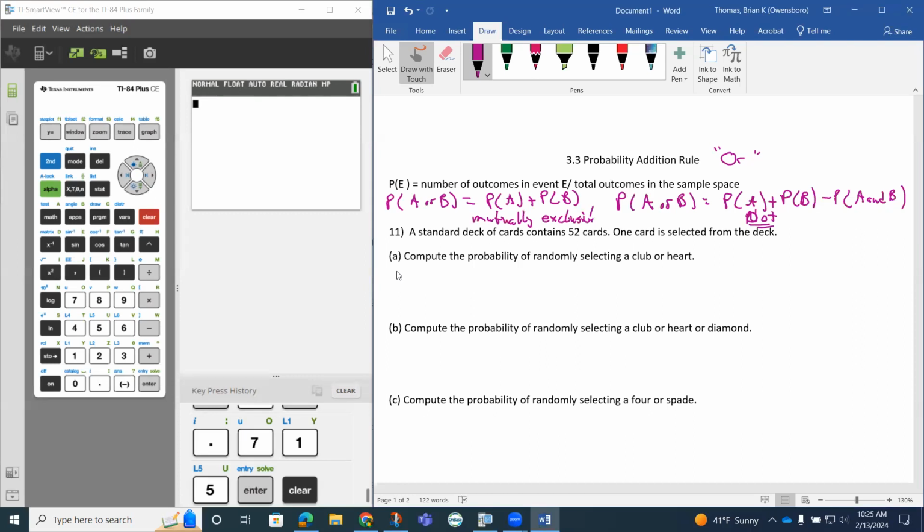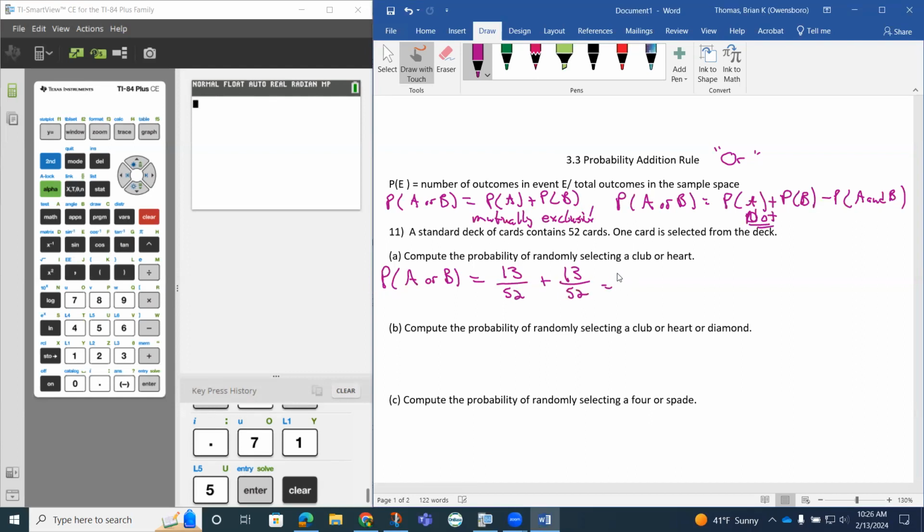So the way we do this is the probability of A or B happening. The probability of a club happening, there are 13 clubs in 52 cards. Or, so we add the hearts, there are 13 hearts also out of 52.